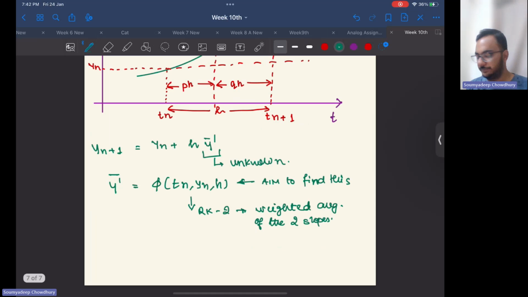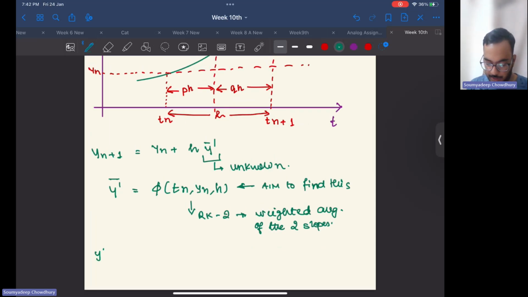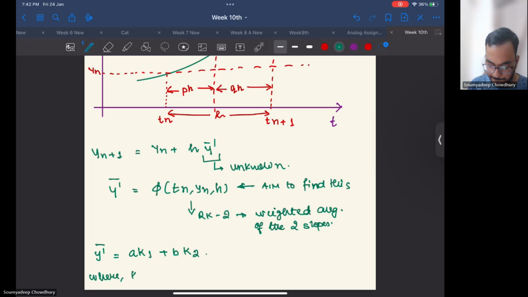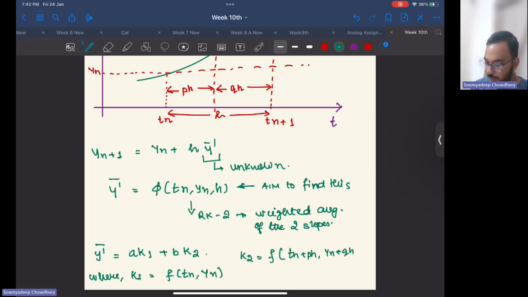Now here we are telling this y dash is some a times k1 plus b times k2, where this k1 is f of tn comma yn, that is the slope of the function at tn yn, and k2 is slope of the function at tn plus ph comma yn plus qh k1. So these are the values of k1 and k2.